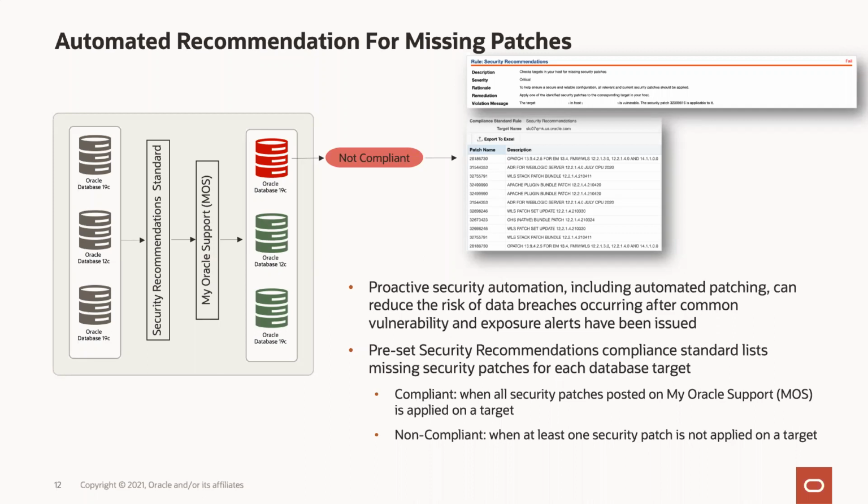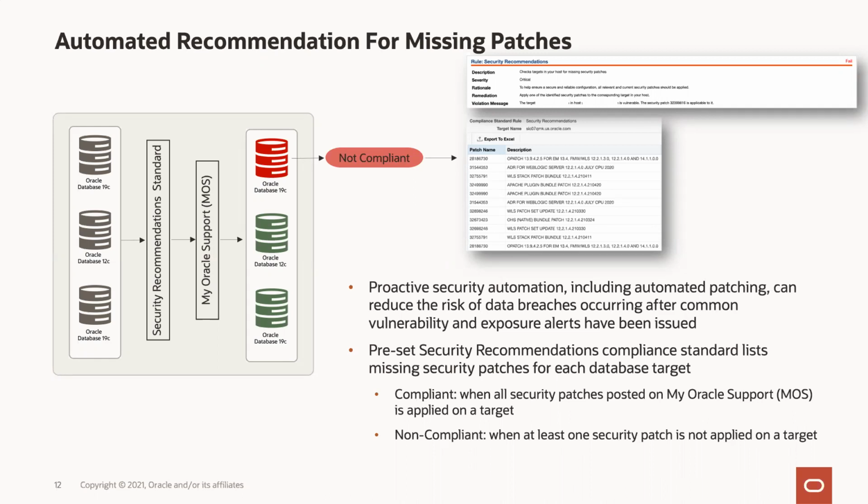These missing patches are essentially those that Oracle has published, but your target is not patched with those patches. So you can generate a compliance report that will call out precise patch numbers missing in a specific target, and you could use that for your patch planning using fleet maintenance.